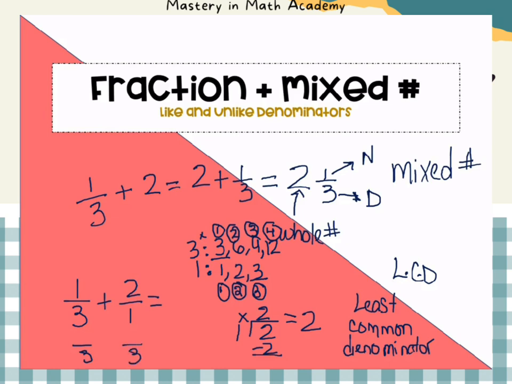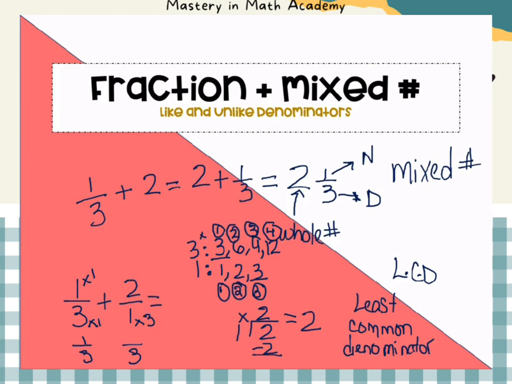And you ask yourself, how many times did I add 3 to get to 3? We know that 3 times 1 is 3, and the rule is whatever you do to your denominator, you do to your numerator, and whatever you do to your numerator, you do to your denominator. So 1/3 stays 1/3. Now you ask yourself, how many times did you add 1 to get to 3?